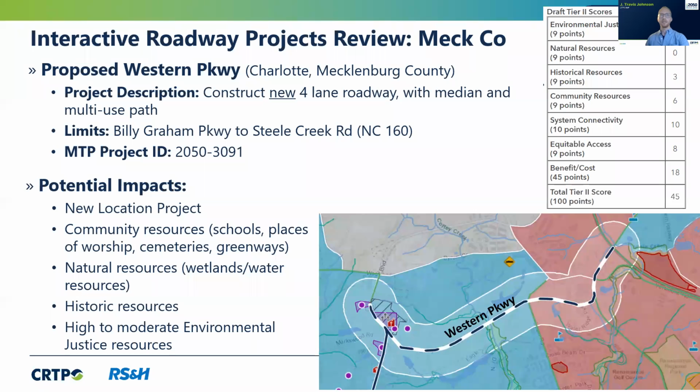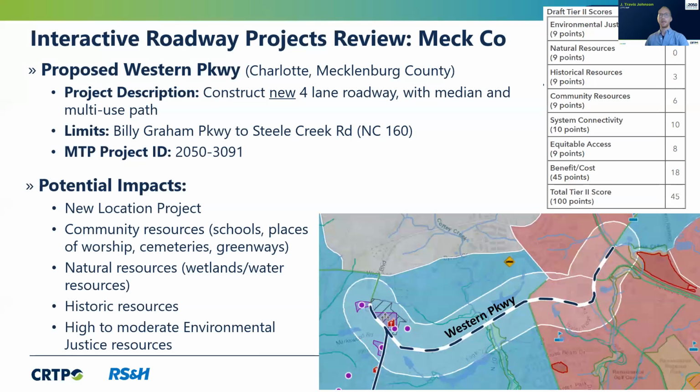We can see there are community resources that might be affected, historic resources, and it is also close to environmental justice resources, depending on where it starts and stops along the journey. We can see that the Steel Creek Church Cemetery is close by, so we have to be very careful of that. It does pass over the Coffee Creek Greenway, managed by Mecklenburg County, and also the Reed Park Academy.